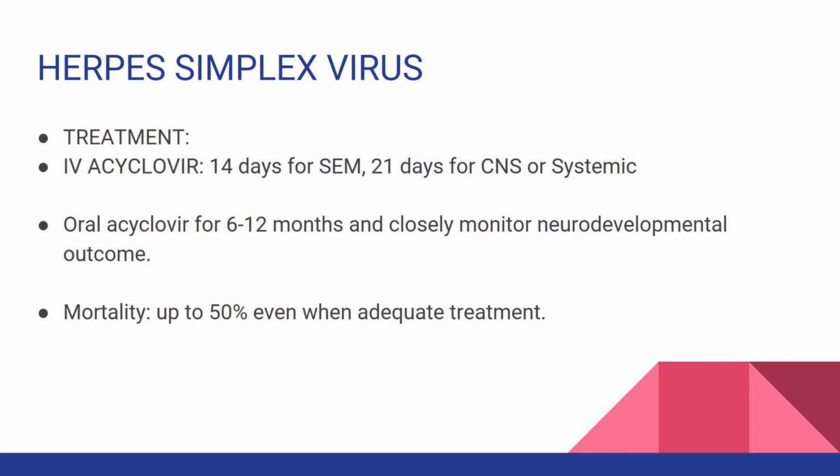So it is actually more virulent than COVID-19. It is a viral infection that we should have high respect for, and if we suspect that a newborn has herpes simplex virus infection, it should not be taken lightly.